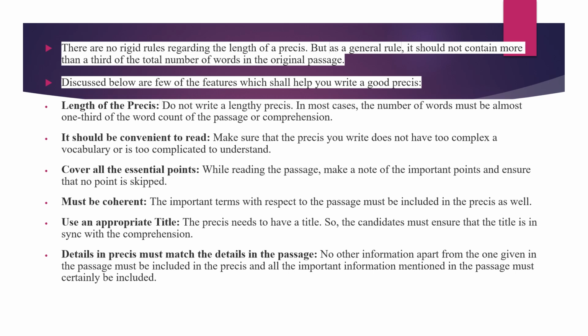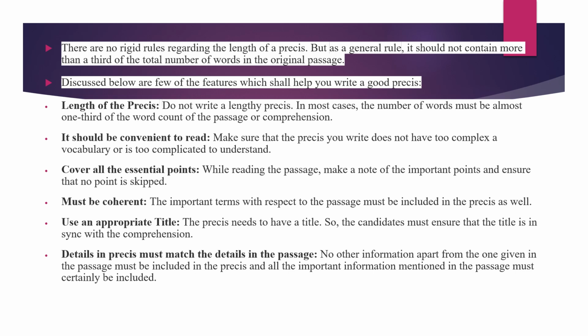The third thing is it should cover all the essential points. While reading the passage, make a note of the important points and ensure that no point is skipped. The next point is that it must be coherent. So the important terms with respect to the passage must be included in the precis as well, and use an appropriate title.